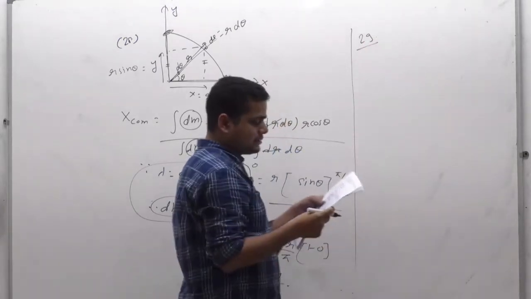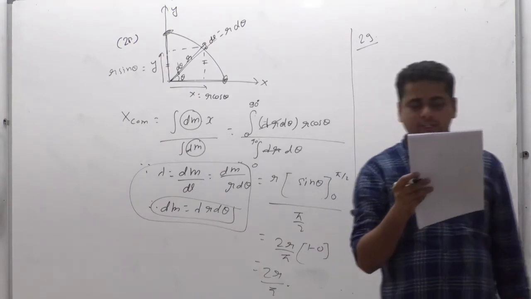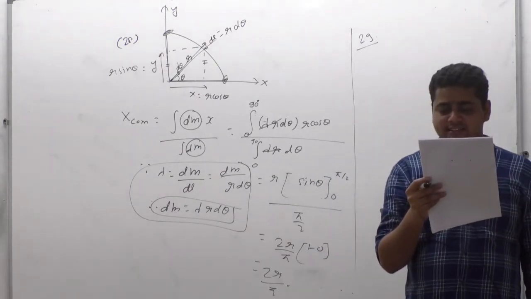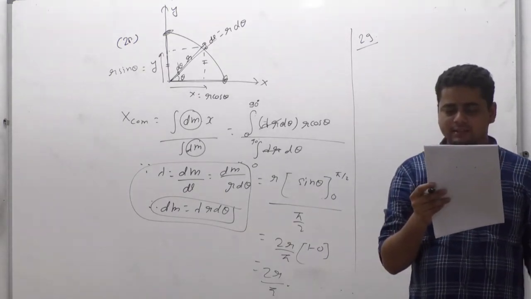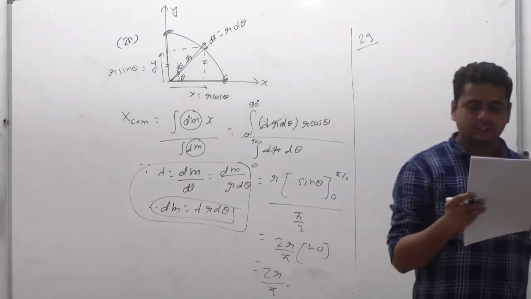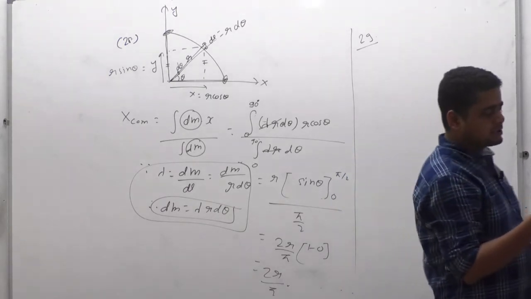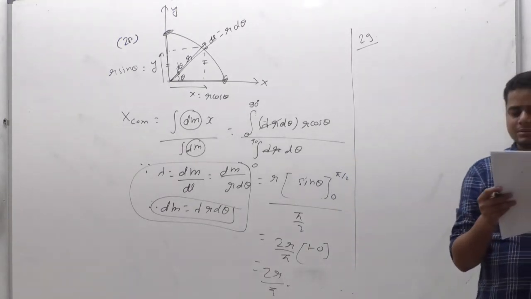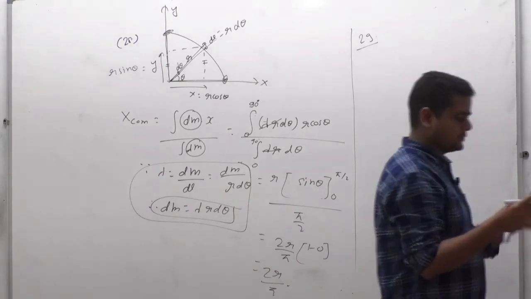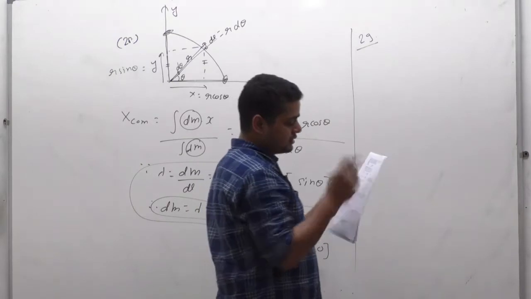Question 29, what are they given? A capacitor of 2 microfarad is charged as shown in the figure. When the switch S is turned to the position 2, the percentage of its stored energy dissipated is, okay. So initially it is at the position 1.